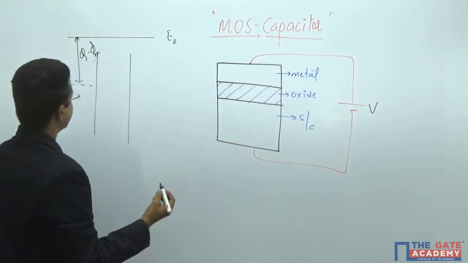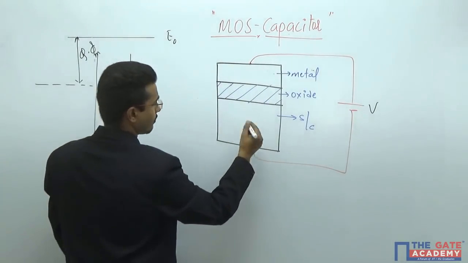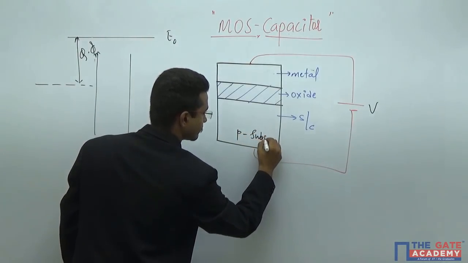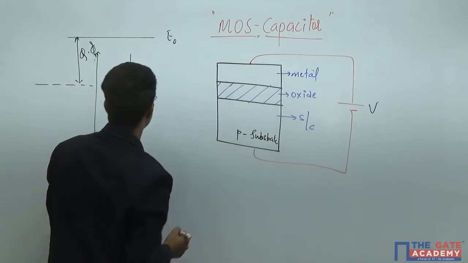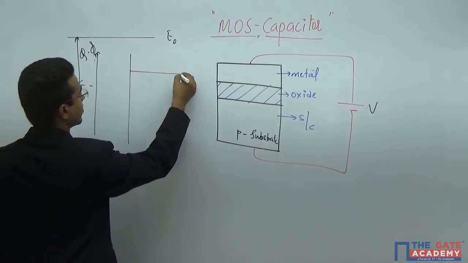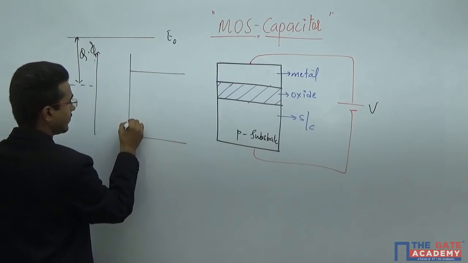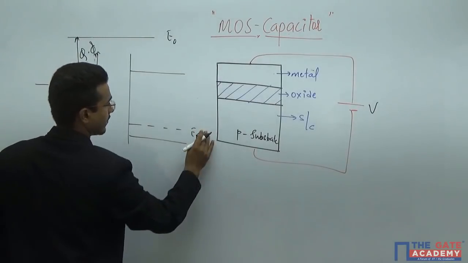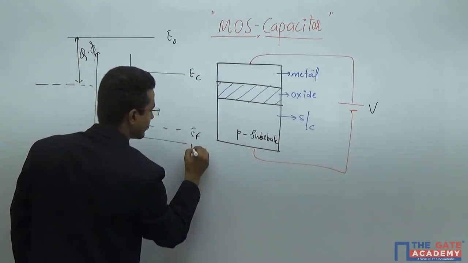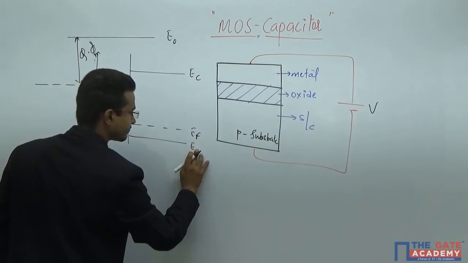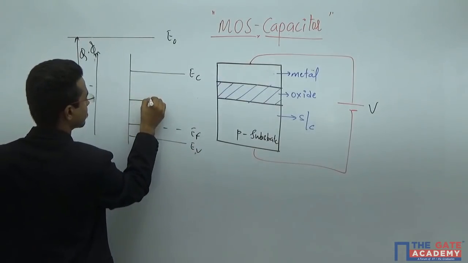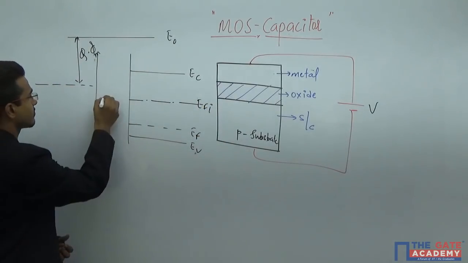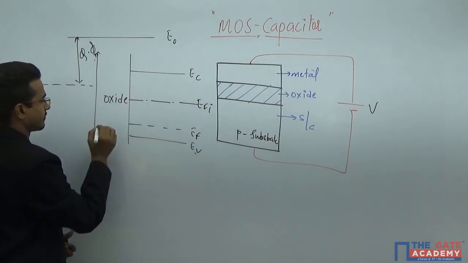Firstly I am taking a P type substrate. If it is a P type substrate, here you will get EC, EV, and this will be EF, or EFi, and this is the oxide.